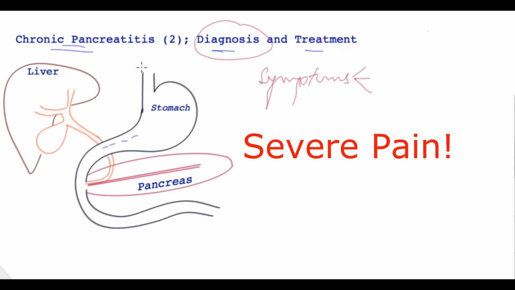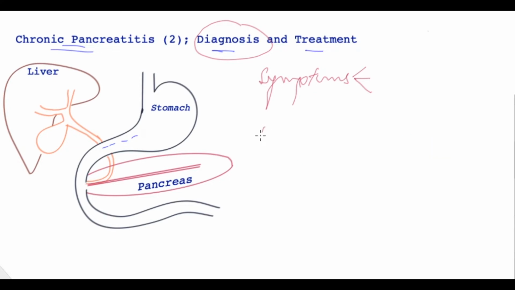Once pancreatitis is suspected, then this would trigger imaging. This means scans. The commonest scans performed to diagnose pancreatitis or chronic pancreatitis is a CT scan or an MRI scan. And these would look at the pancreas very carefully, trying to find the features that I described before of inflammation, calcification, and fibrosis.